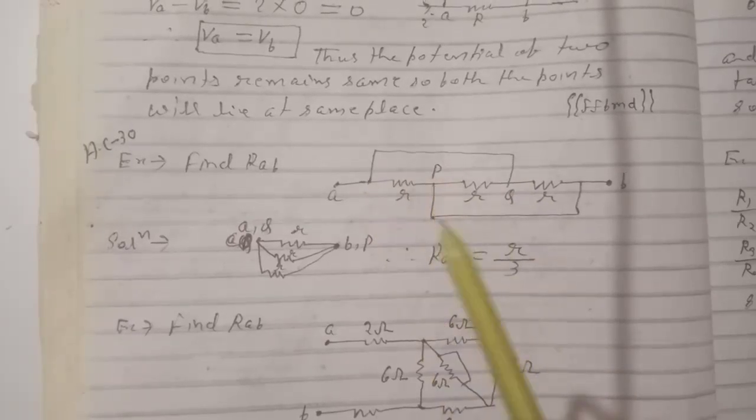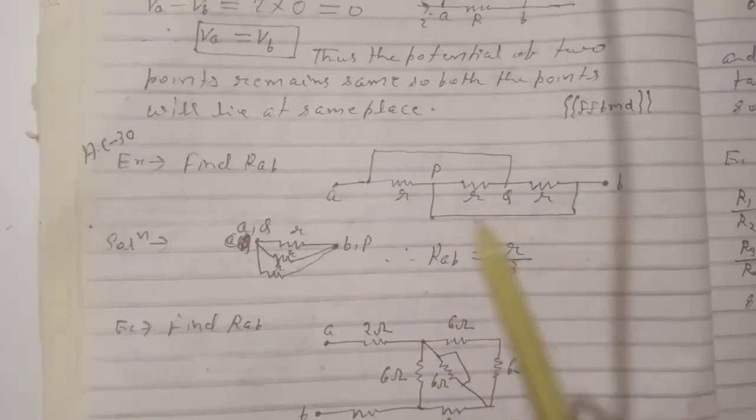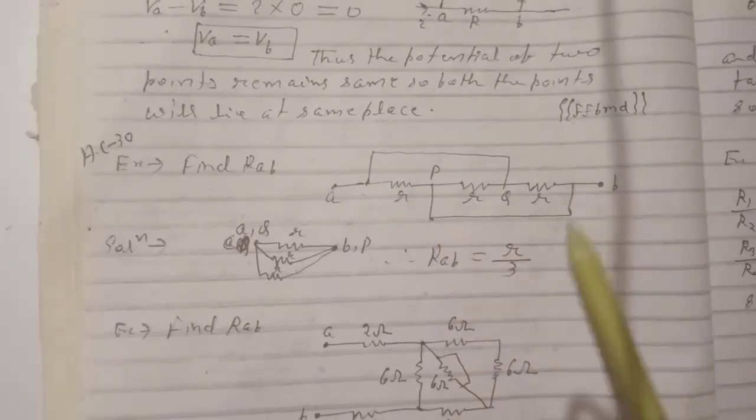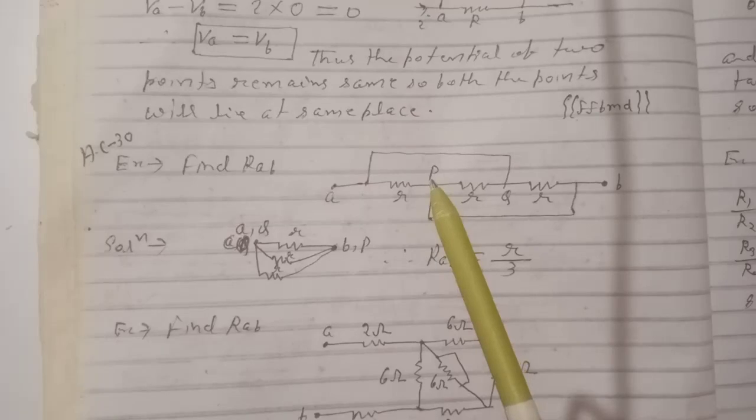Again here, this is connected with a negligible resistance conductor. So this point B and P will be at the same point.